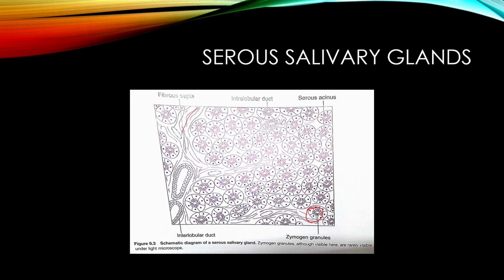The fibrous septa continue like this. These are interlobular ducts, and these are intralobular. Interlobular is in the main section, and intralobular is within the acini.